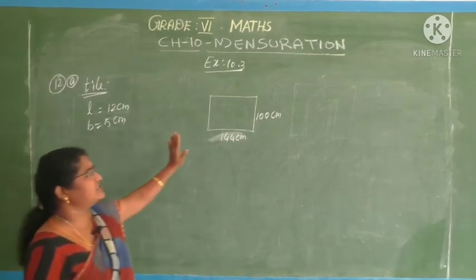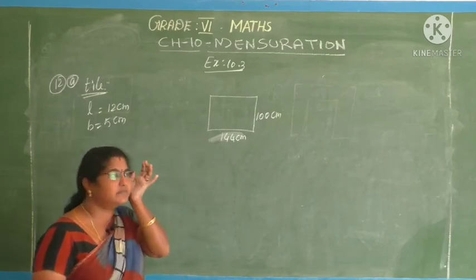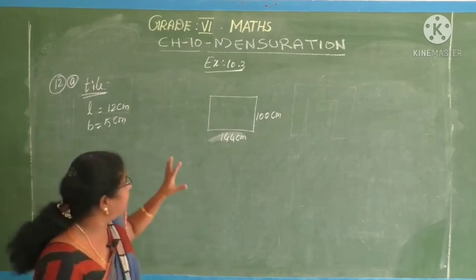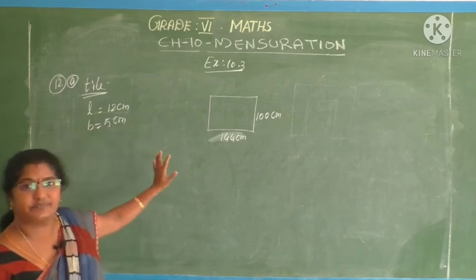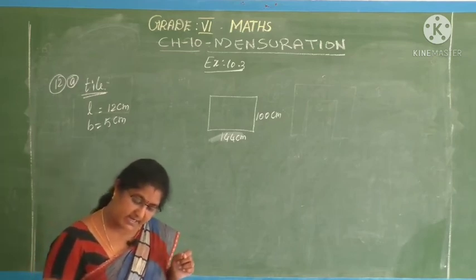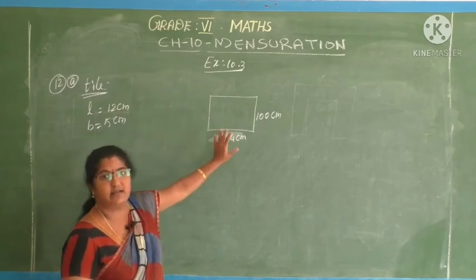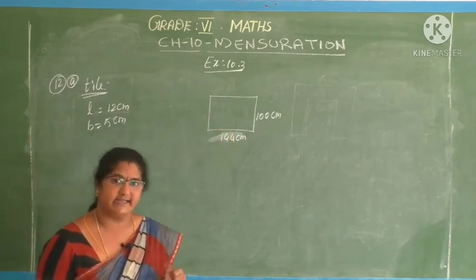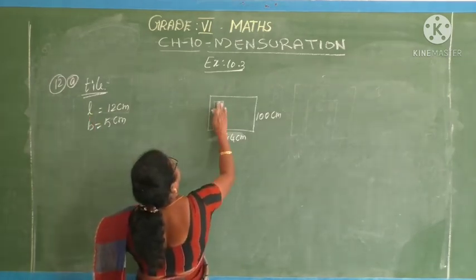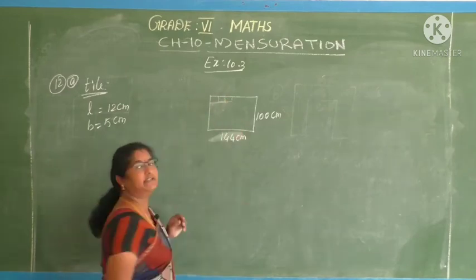It's a rectangular region with length and breadth 144 centimeter and 100 centimeter. In this region, we have to fit some tiles. Their length is 12 centimeter and the breadth is 5 centimeter. We have to fit the tiles in the rectangular region. So, how many tiles are needed?